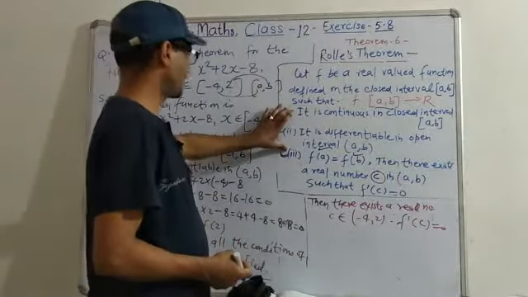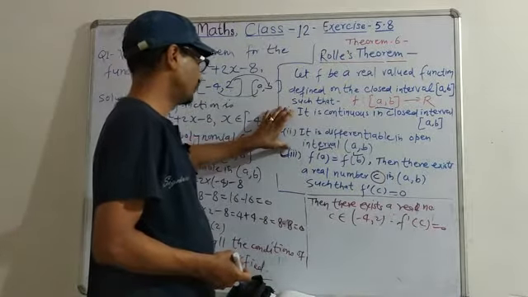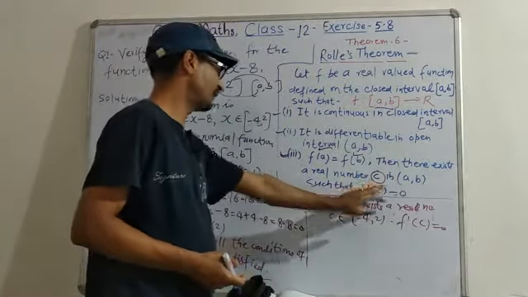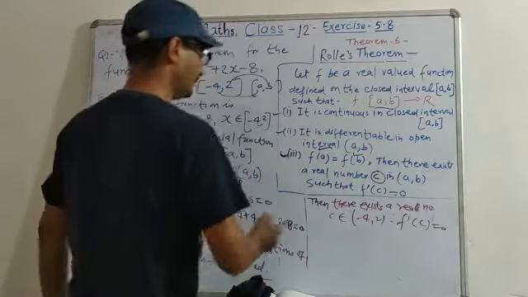After these three conditions are fulfilled, we take some real number between this open interval for f dash c.